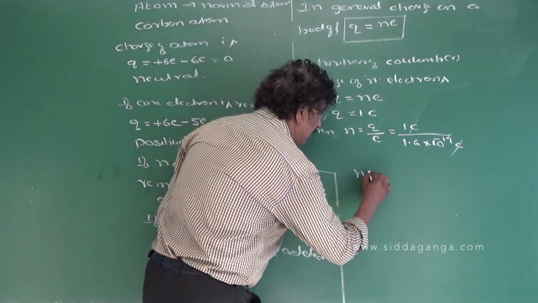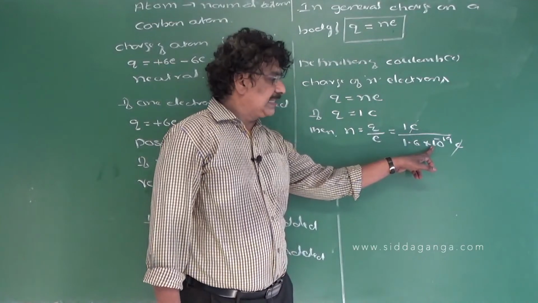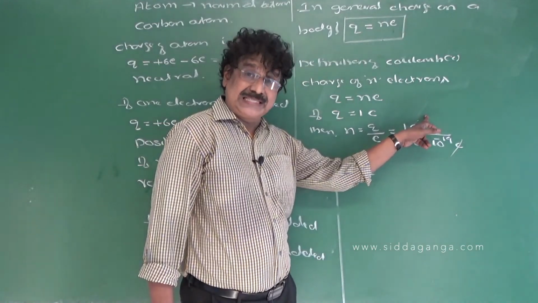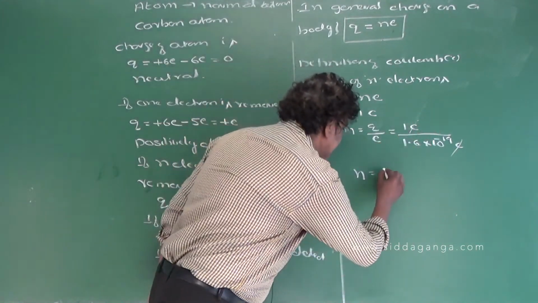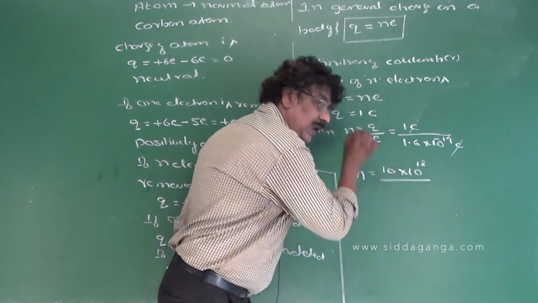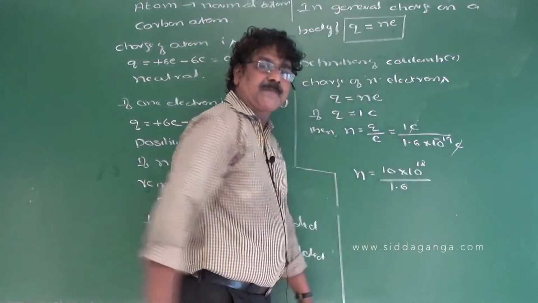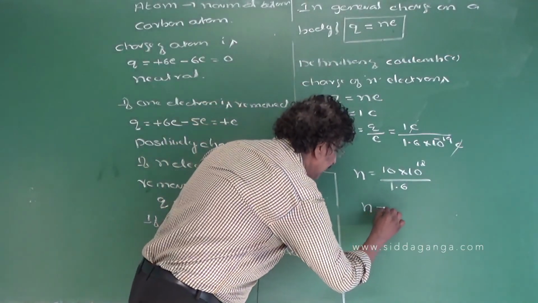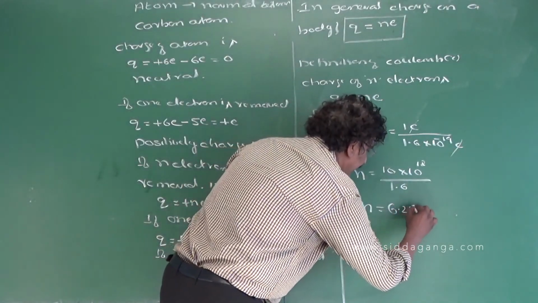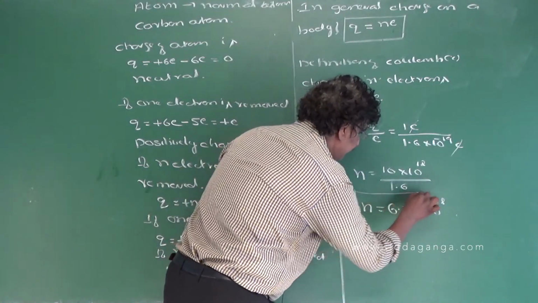Now n is equal to, if we take this 10 power minus 19 to the numerator, it becomes 10 raised to the power of plus 19, and it can be written as 10 into 10 raised to the power of 18 whole divided by 1.6. When we divide 10 by 1.6, we get 6.25 into 10 raised to the power of 18. It is quite a large number.